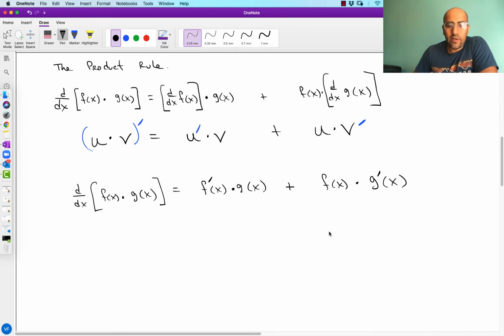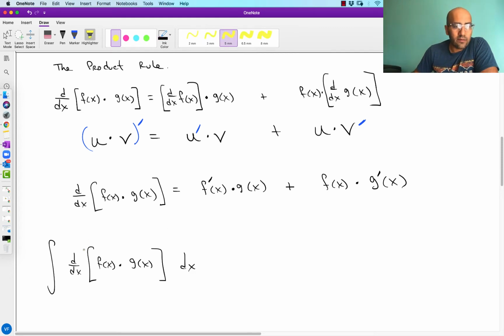Okay, so what I want to do now is integrate both sides of the equal sign. So I'll have the integral of the derivative with respect to x of f of x times g of x dx, right? And that's where this entire thing here is the integrand, right? So kind of wrapping all of that around these two notations, meaning that I want to find the integral of both of those.